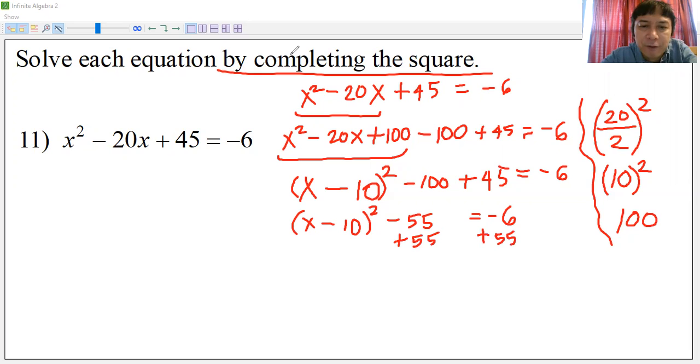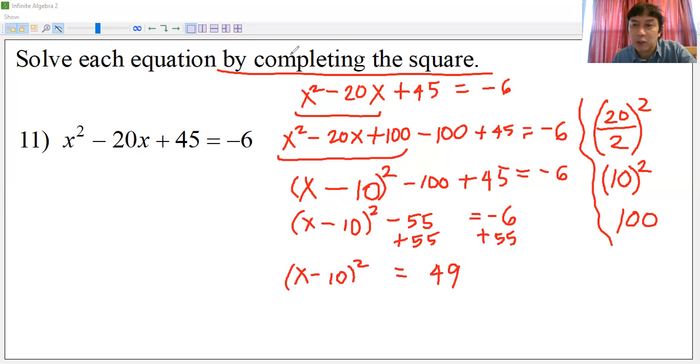The left side is now just x minus 10 squared equals, how much is that? That looks like 49, yes, positive, because it's a positive 55 and a negative 6.